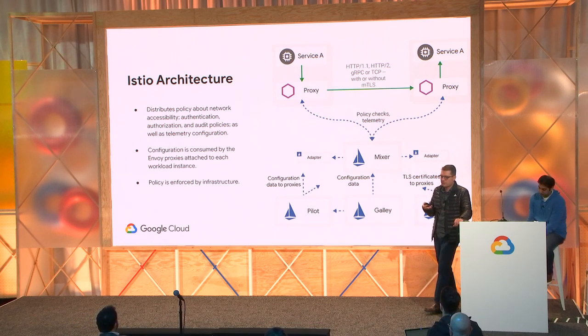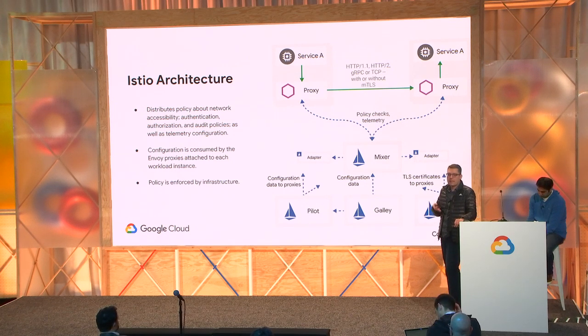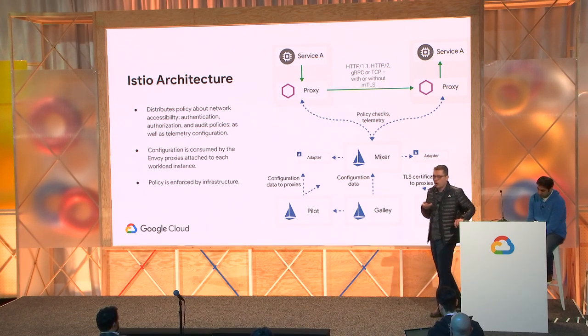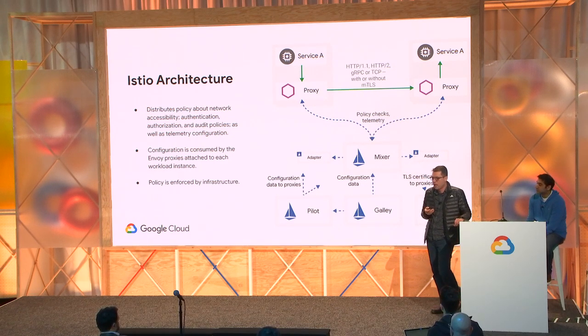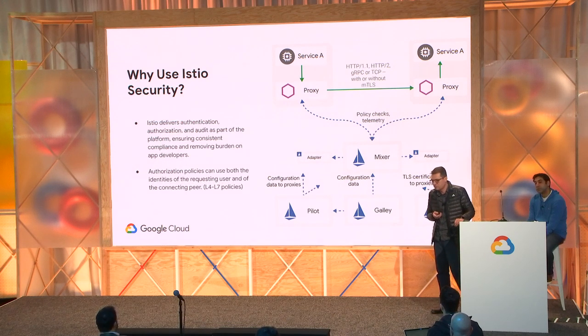So it allows you to distribute policy throughout the mesh, as well as telemetry configuration, audit policy, network accessibility rules, and so on. And configuration is consumed by all these Envoy proxies, both an ingress proxy if present, as well as the sidecar proxies. And the policy is enforced by the infrastructure.